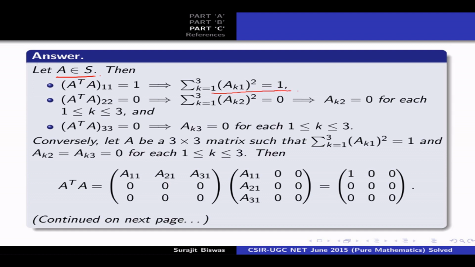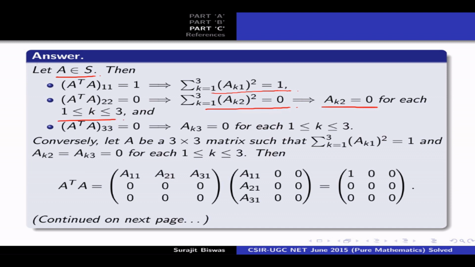Similarly, the entry (2, 2) of A transpose A would be 0, and this implies the summation over k from 1 to 3 of ak2 square equal to 0, and this implies ak2 equal to 0 for each 1 less than or equal to k less than or equal to 3.